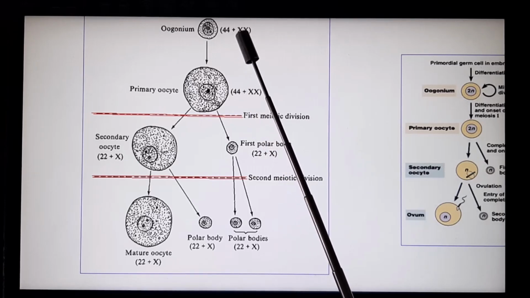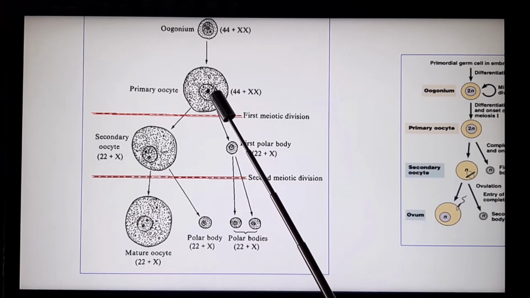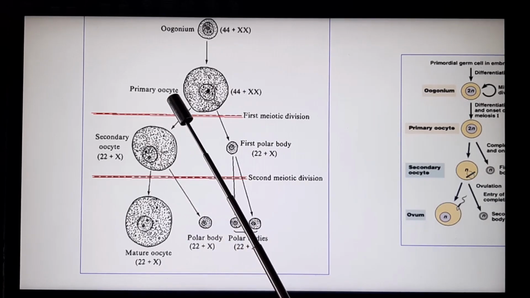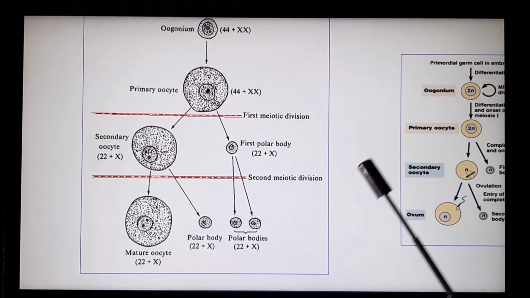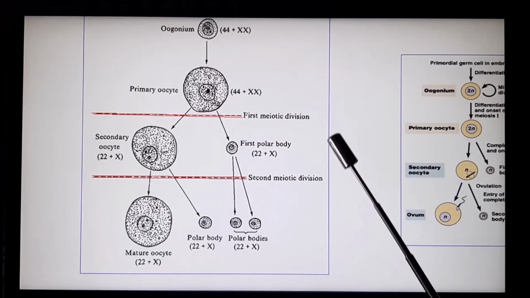The oogonium with 44 plus XX diploid condition undergoes further development, and the cell which is going to enter the first meiotic division is called the primary oocyte. The primary oocyte is also diploid.